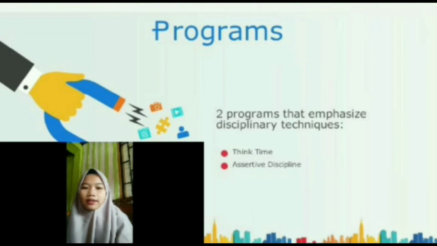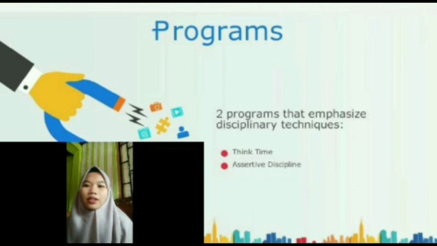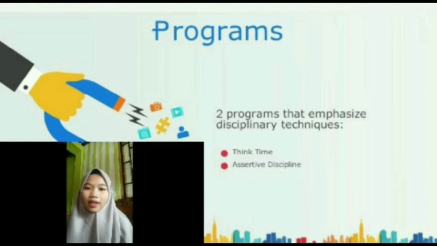They do not return to the regular classroom until they demonstrate that they are aware of the behavior that led to their assignment to the think time classroom.